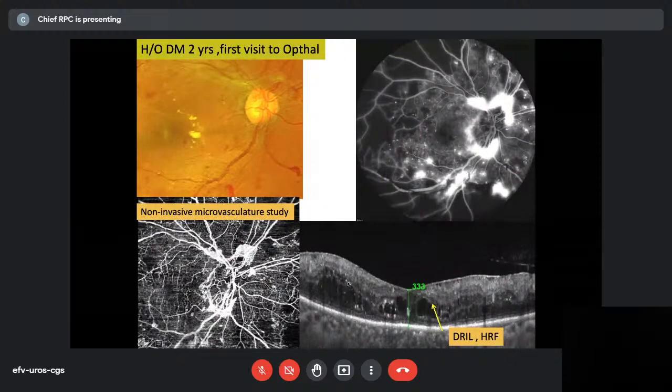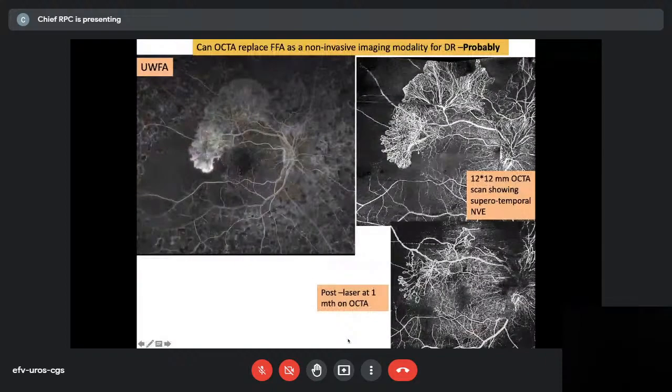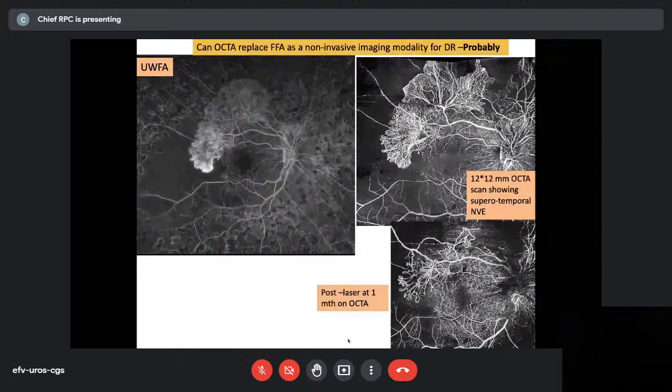You all know hyperreflective foci don't shadow, unlike the exudates which have shadowing; they're tinier and don't create a shadow. So this can be repeated, but probably FA at baseline definitely and again between 3 and 6 months, and in between we rely on OCT.